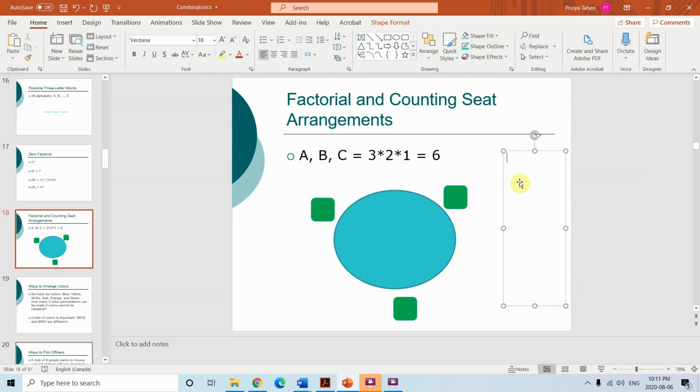So we can have A, B, C. We can have A, C, B. We can have B, A, C; B, C, A; C, A, B; and finally C, B, A. These are all the 6 different ways that these 3 people can sit on these 3 chairs.